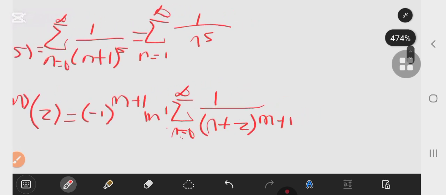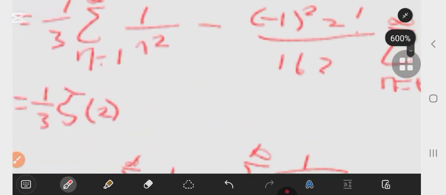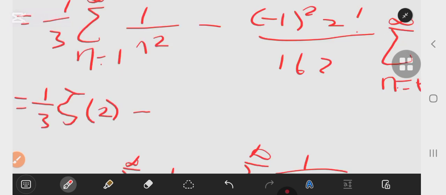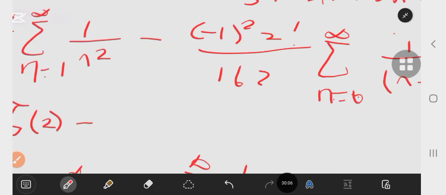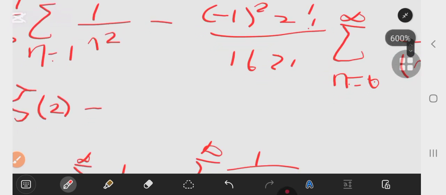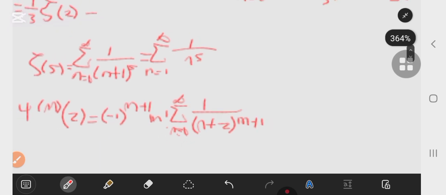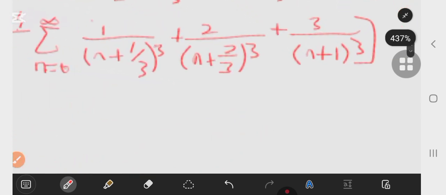So since I've already defined the zeta function here, I can go ahead. Now 2 over 162 is the same as, for a particular reason I won't divide this by this. We just defined something, and this is the sum of n plus 1 over 3 cube, n plus 2 over 3 cube, and n plus 1 cube.